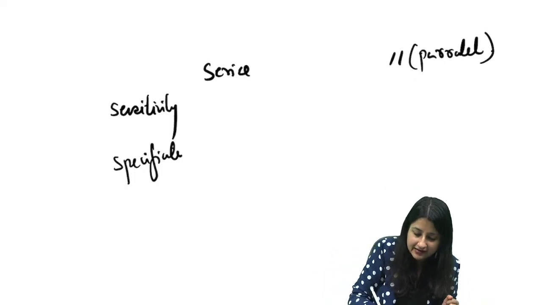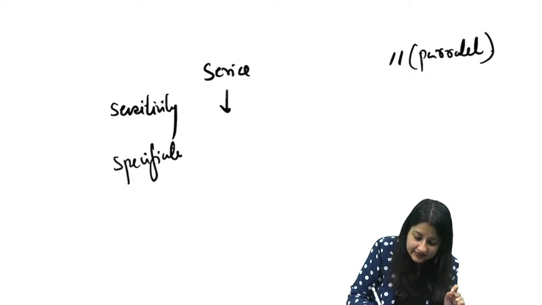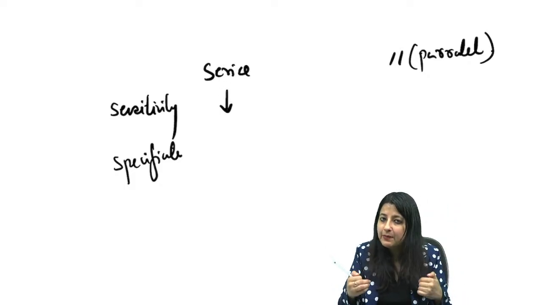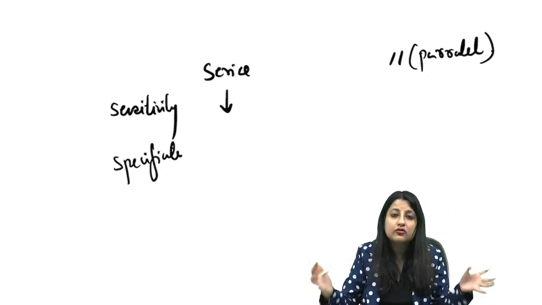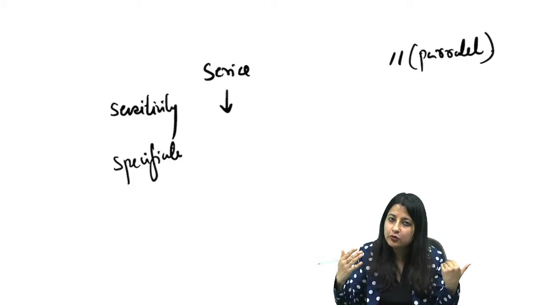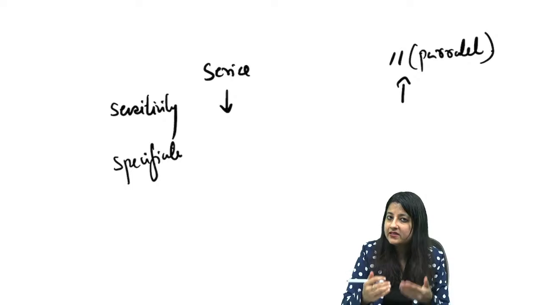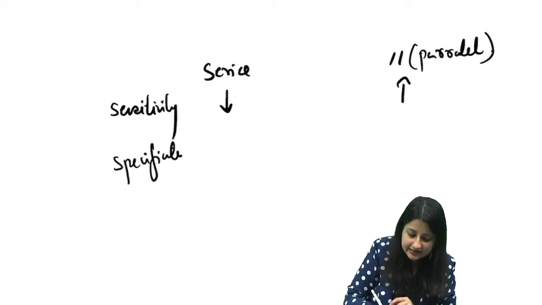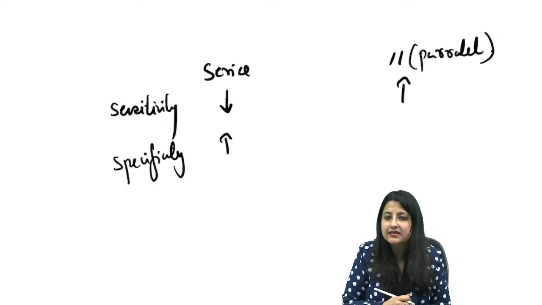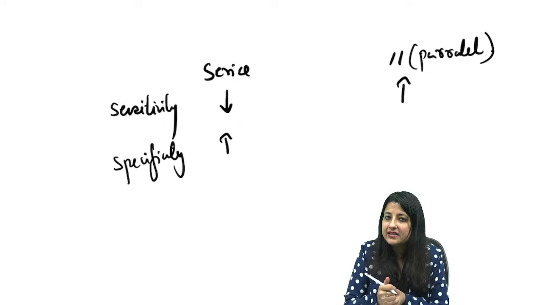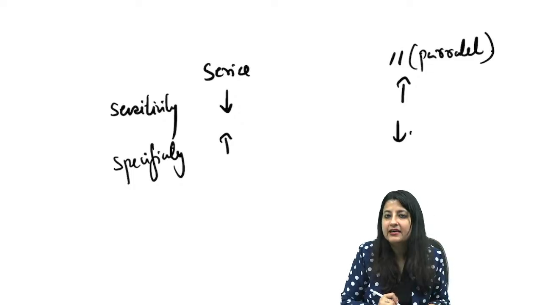Remember it like that. So in series, sensitivity decreases. In parallel, we are applying both the tests together, so we'll be able to filter out more number of people. So sensitivity increases. In series, if sensitivity decreases, specificity increases. In parallel, if sensitivity increases, specificity decreases.